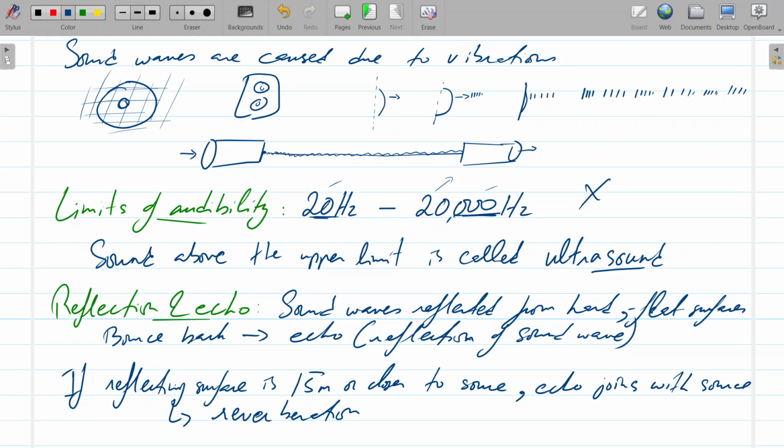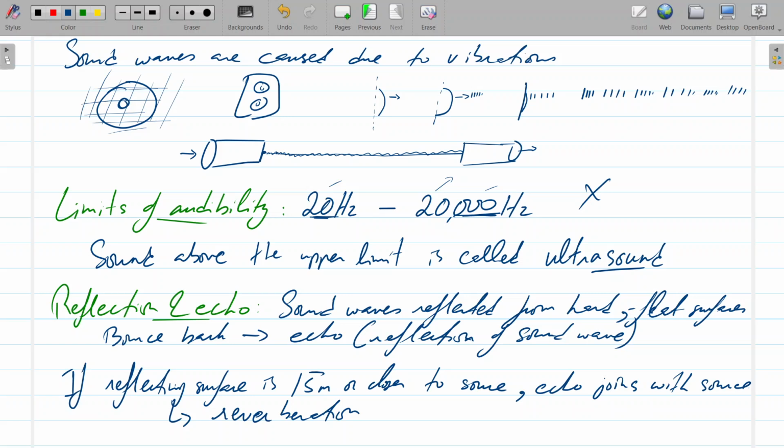Okay, so this is something that is made use of in theaters and concert halls and auditoriums, where the speakers are positioned such that the sound from the speakers reflects from the walls and comes back, and so it seems louder, right?